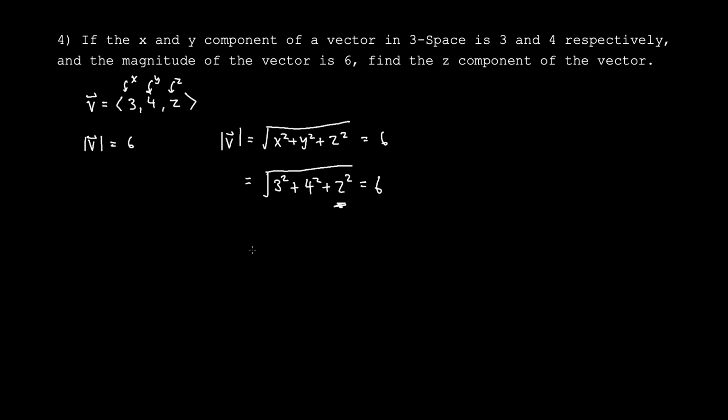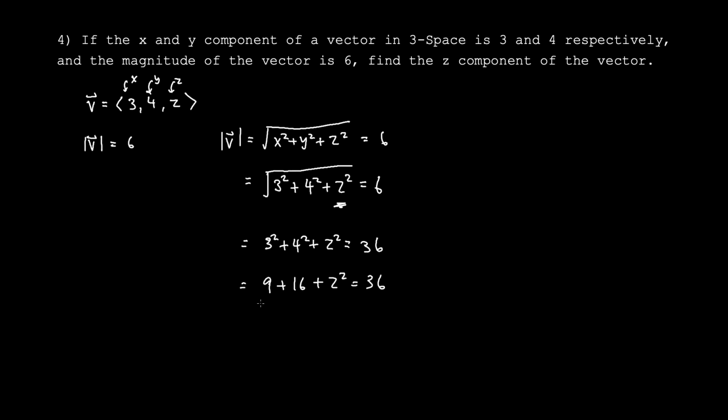Squaring both sides, we get 3 squared plus 4 squared plus z squared equals 6 squared, and 6 squared is just 36. Now we can simplify the left side so we get rid of all the squares. So 9 plus 16 plus z squared equals 36.